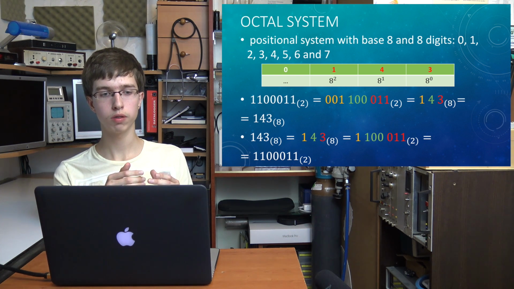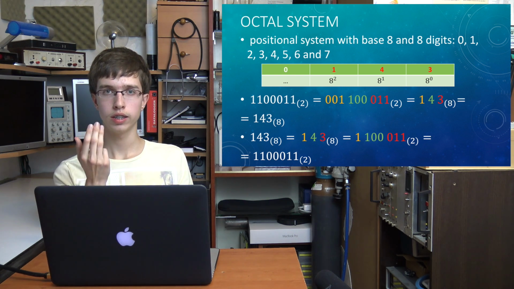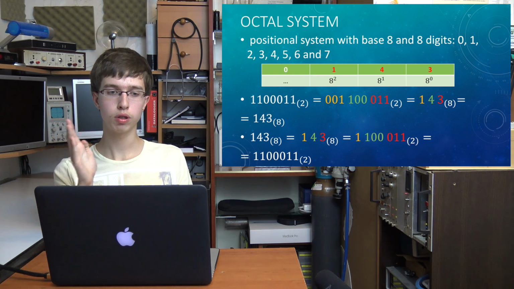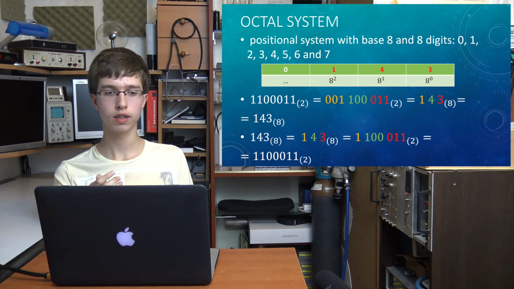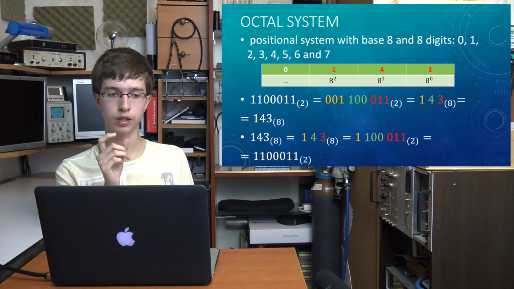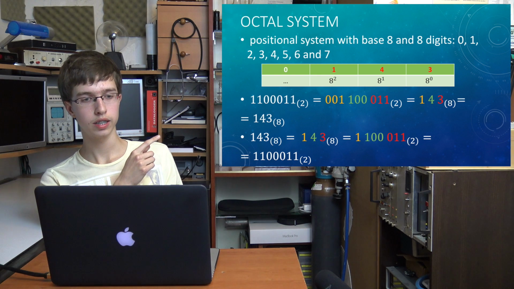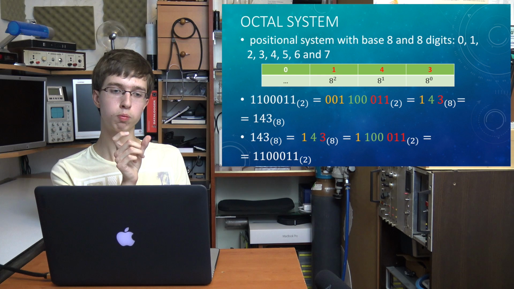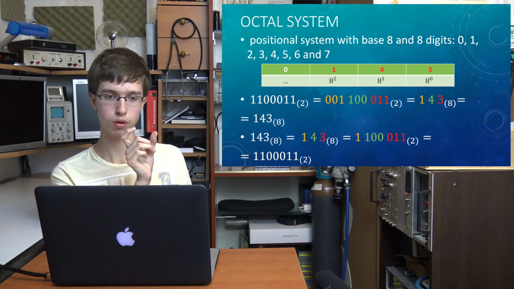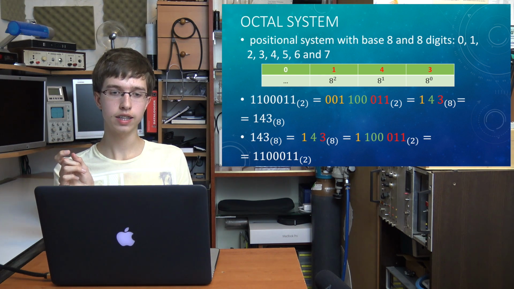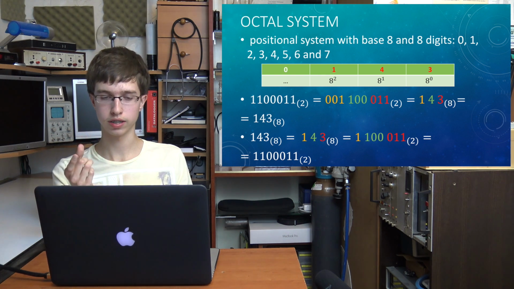If we want to convert from binary to octal, then we have to group digits of the binary number in groups of 3, going from the end to the beginning of the number, because a few digits in the beginning of the number can remain. For example, here is 1 in this first group, so we have to put 2 zeros in front of 1, and now each of these groups represents some digit in the octal system.